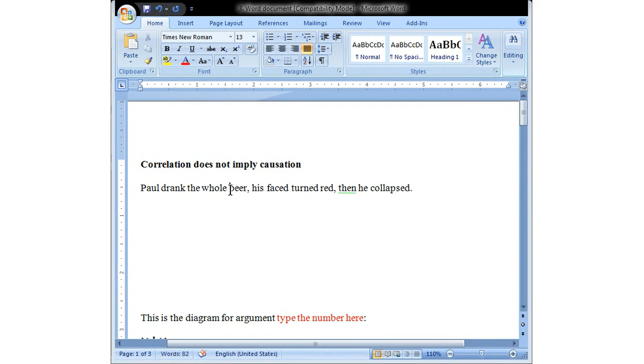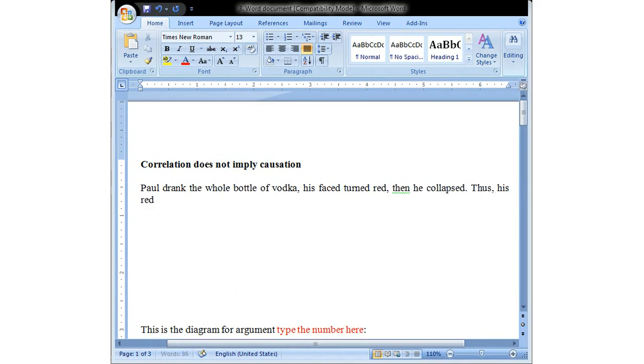Let's make this a whole box of beers. All right, so Paul drank the whole box of beers, or the whole bottle of, let's make it really strong, vodka. His face turned red, then he collapsed. Thus, his red face caused his collapse.